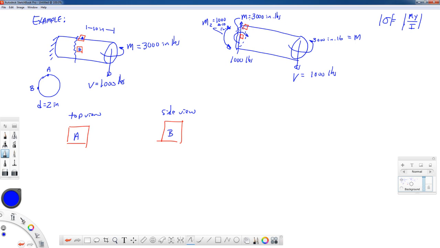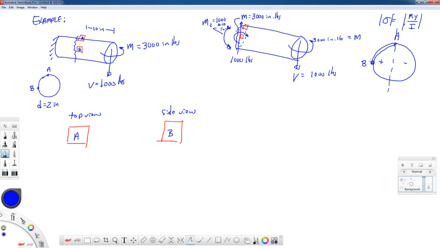This first bending moment, the 3,000 inch-pound bending moment, I said puts the near side in tension and the far side in compression. So if we look at this cross section, point B is right here, here's point A. It's bending about this vertical line. So this side over here is in tension, this side over here is in compression.